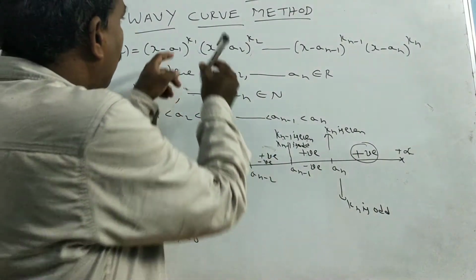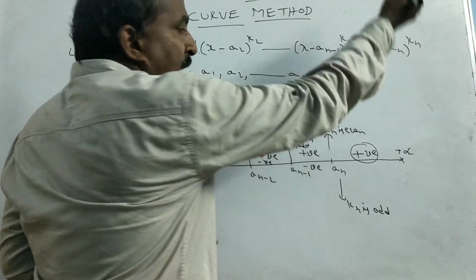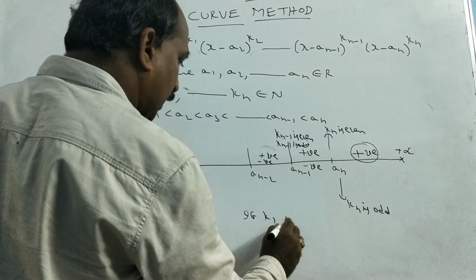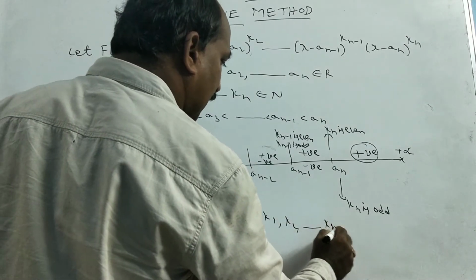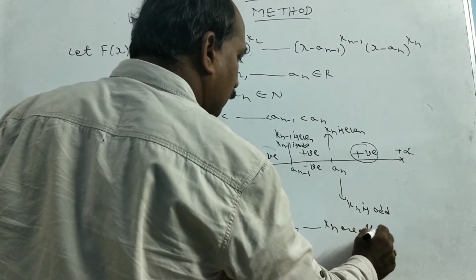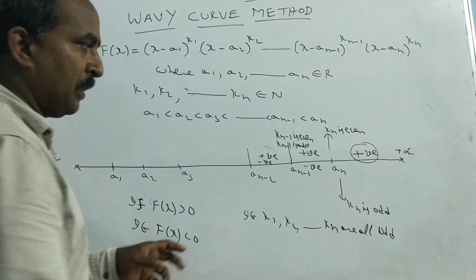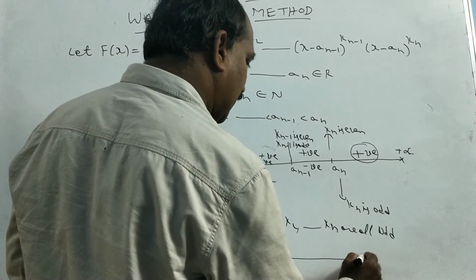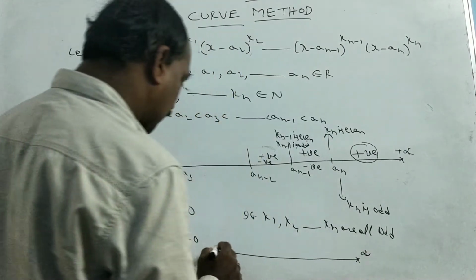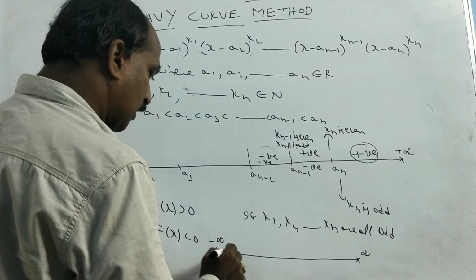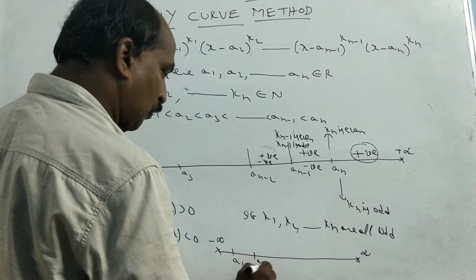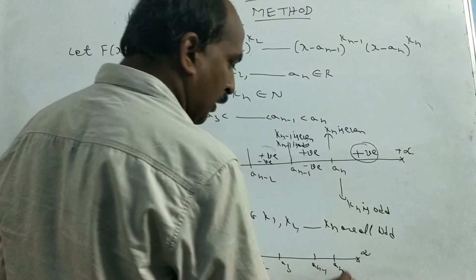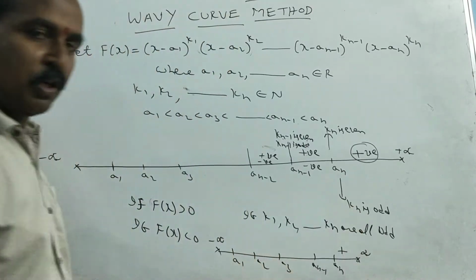Suppose k1, k2, so on, kn minus 1, kn are all odd. Then, this is the real line, put plus infinity here and minus infinity here. This is a1, a2, a3, so on, an minus 1, an. Here we always take positive sign.